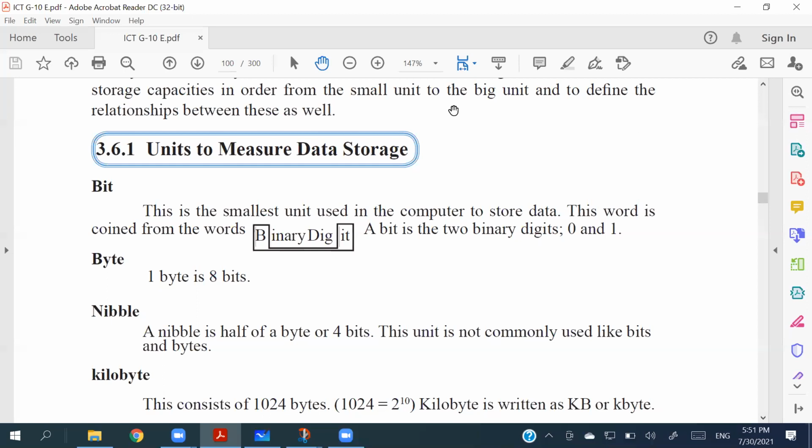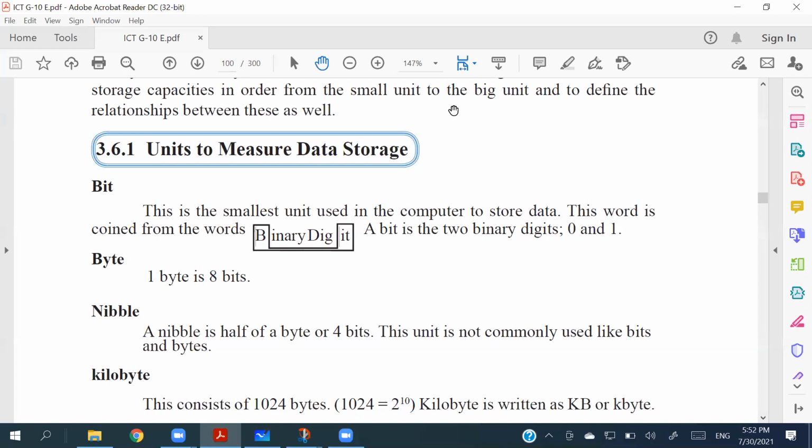So there is an exact similarity between bits and the binary number system, because the binary number system has only two characteristics, 0 and 1. Likewise, a bit can indicate two values, a 0 or a 1.